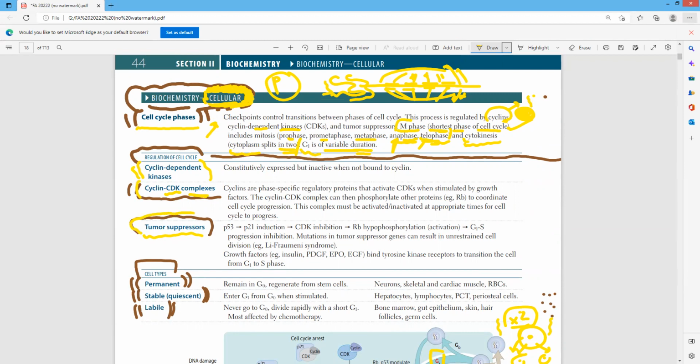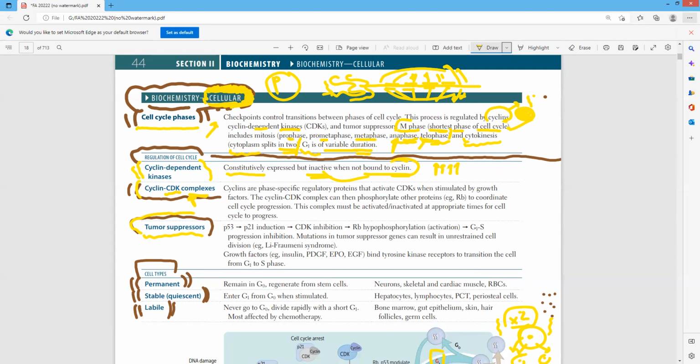Let's see that. Cyclin-dependent kinases are constitutively expressed, but they are inactive when not bound to cyclin. So you should have this complex to activate them. The word constitutively expressed means that it's expressed all of the time.